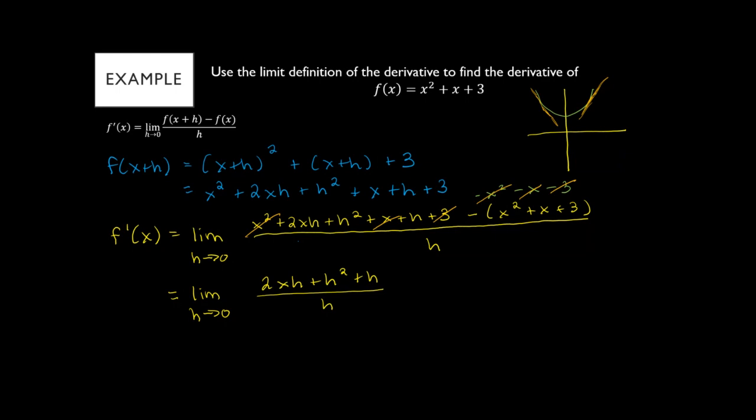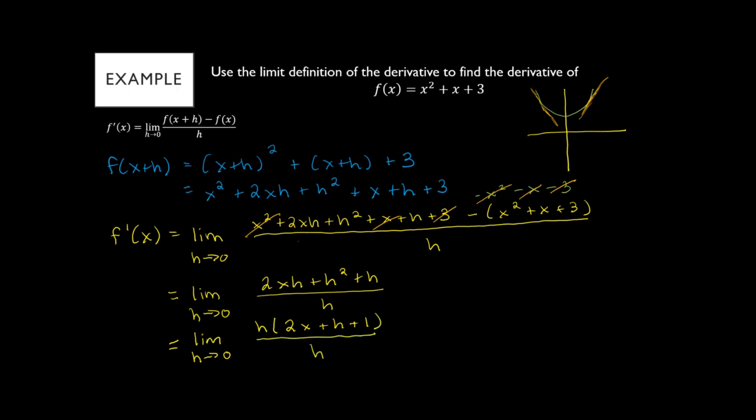So we need to simplify this fraction that we're taking the limit of. And we do that by factoring out an h on top. So we're going to factor out the greatest common factor. And this is where you start seeing all of that stuff that we learned in algebra coming together. And you're like, oh, this is why I had to learn all of this, because it's used in calculus.